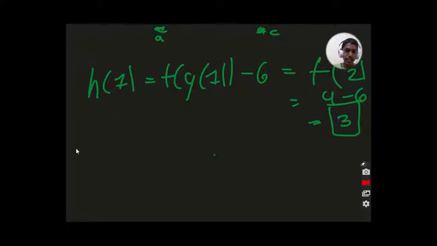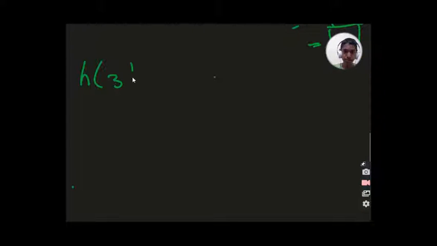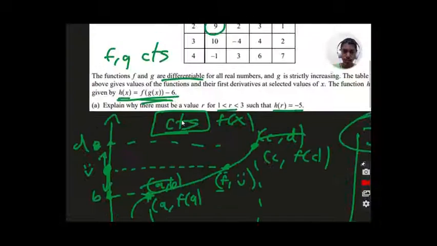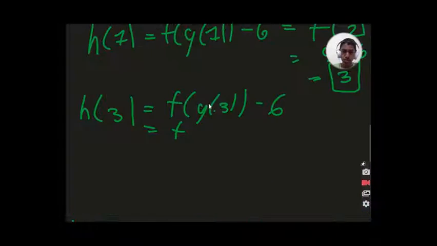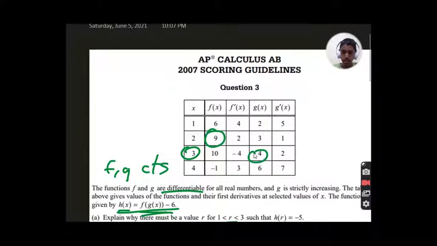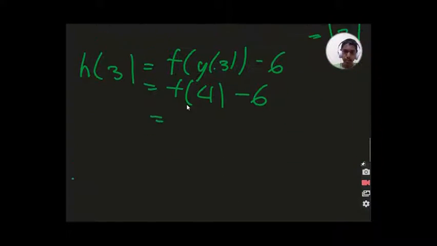So now let's find h of 3. Alright, f of g of 3 minus 6. F of, okay, where is g of 3? So 3 is right here, g of 3, okay, so 4. F of 4 minus 6.